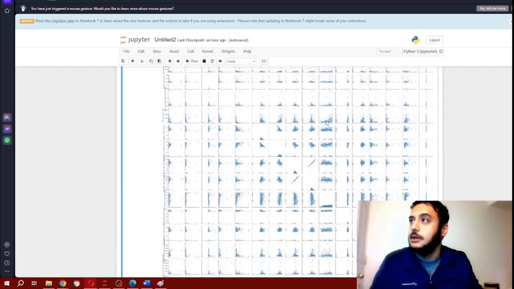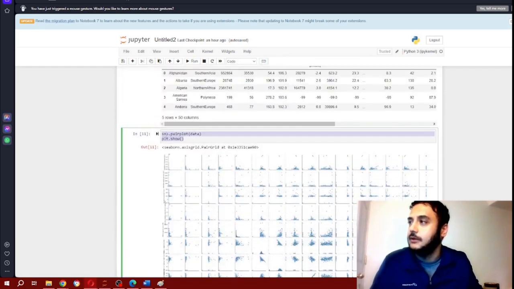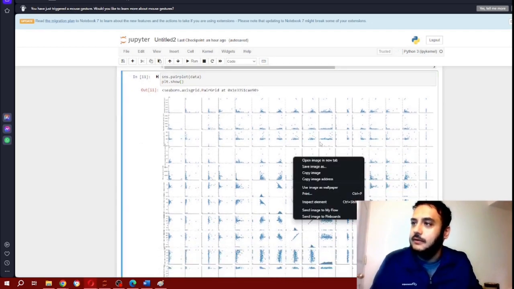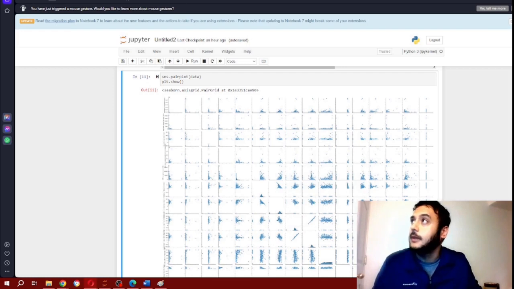But there you go. I think it's good practice to do the plt.show method to be able to see the graph. But I would like to see if I can take a look at this in a different tab, a different GUI. So I'll say open image in new tab, and let's see.